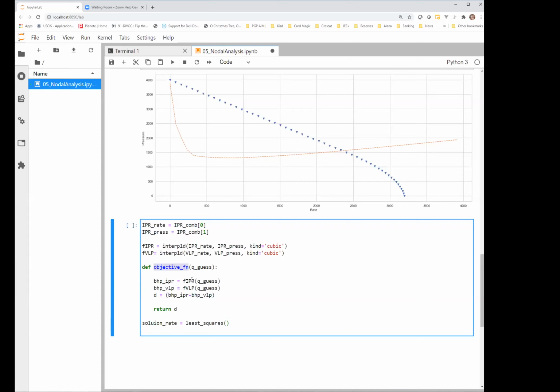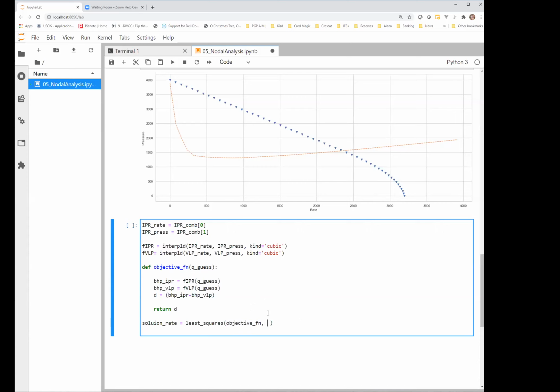But what it is asking for, no matter what, is an objective function that by default needs to be minimized. So it's going to do some iterations following some algorithm in order to minimize the difference between these two curves. So I'm passing the objective function that I'm using. Keep in mind this is the same name right here.